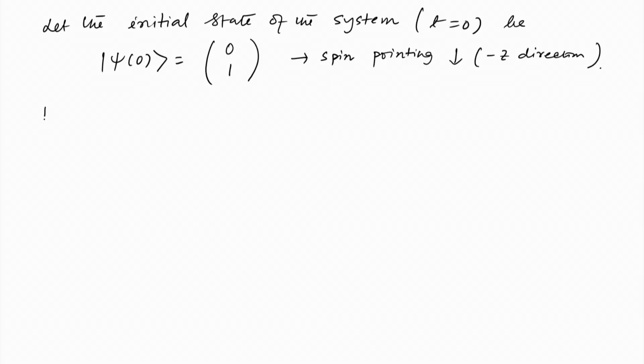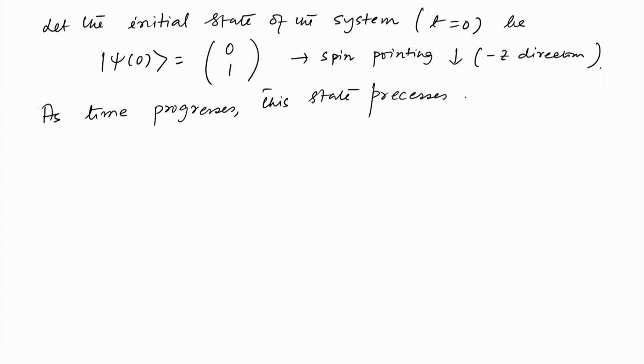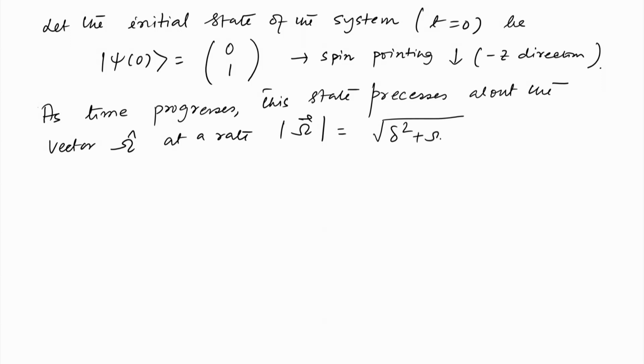So, as time progresses, this state, we will just call it a state, precesses about the vector omega, at a rate which is omega r equal to root over delta square plus omega square, which is equal to omega r.